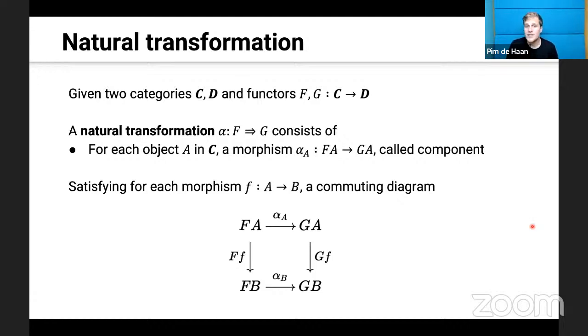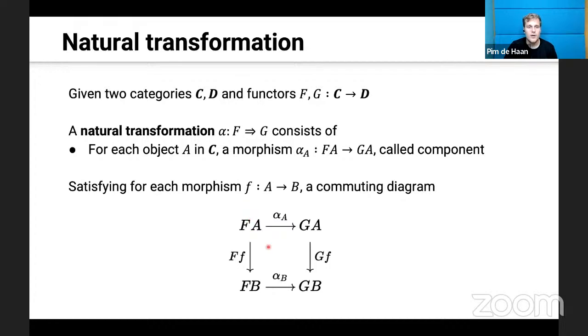So given two categories C and D and two functors from C to D, a natural transformation from the functor F to the functor G consists of, for each object A in the category C, a morphism from F of A to G of A, and we call this the component of the natural transformation for object A. And this requires a commutation relationship for every morphism f in the category C.